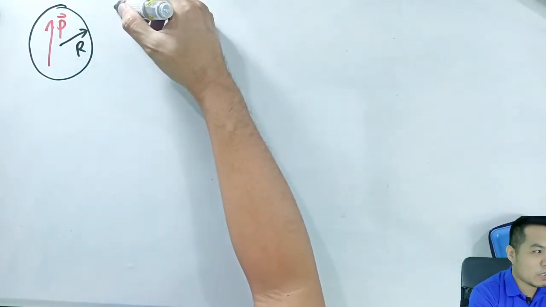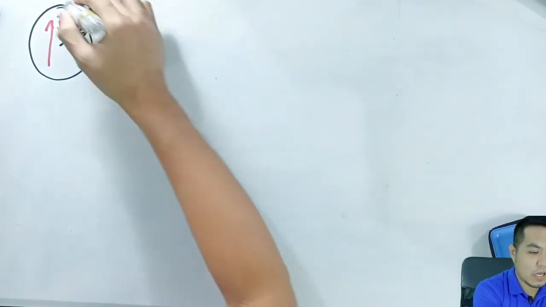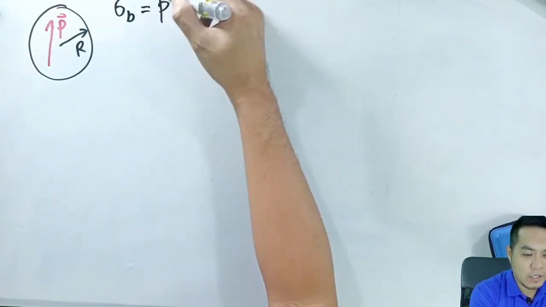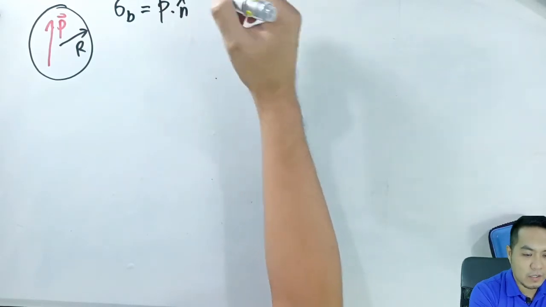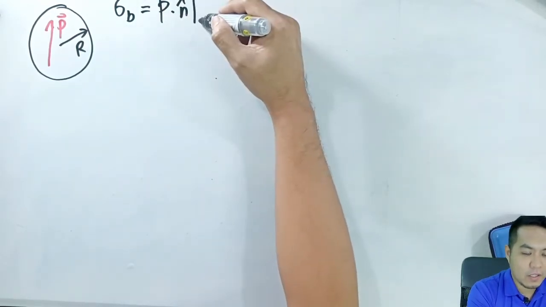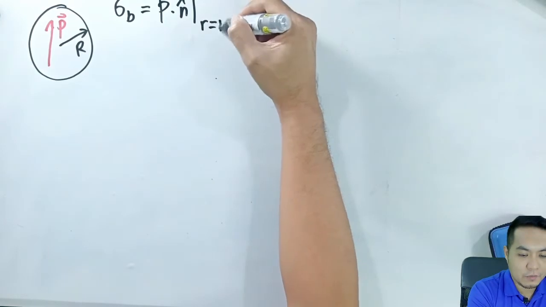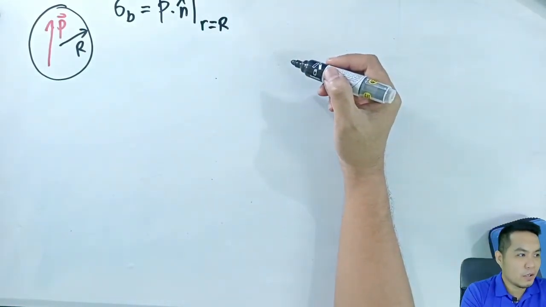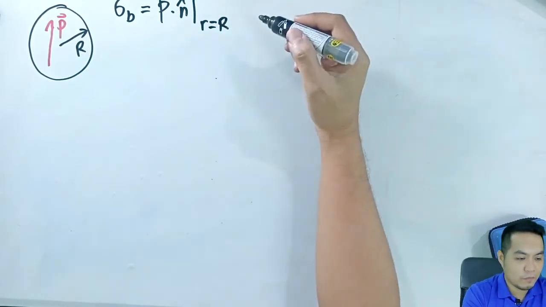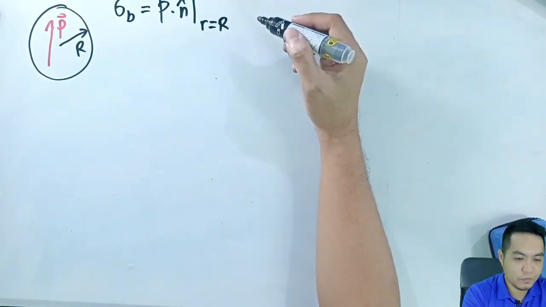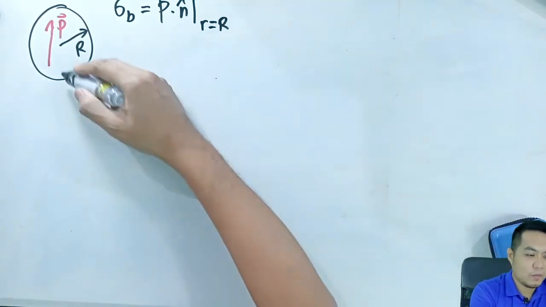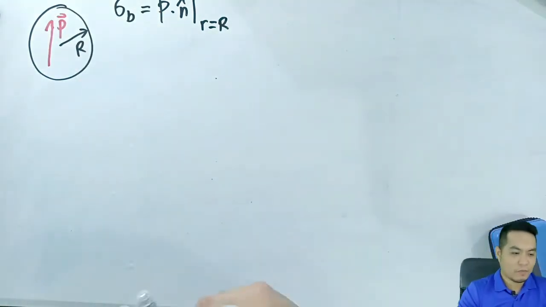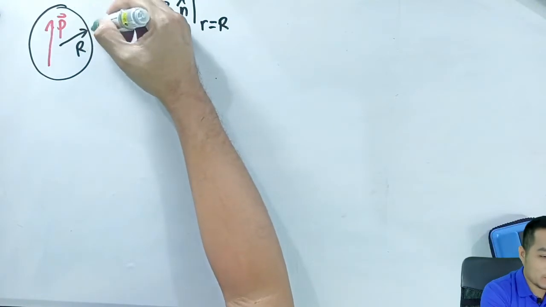We can actually solve for the surface bound charge density. It's just P dot n hat evaluated at the boundary or the surface, r equal to capital R. In this case, we will assume that this is the z direction.